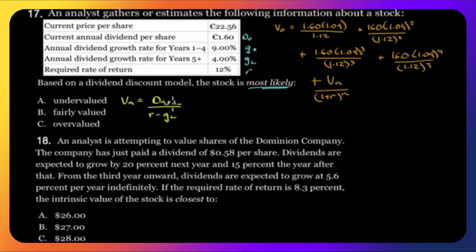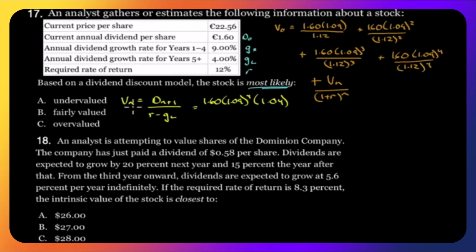We need our dividend 1 period out. All right, well, it is the dividend last year, whatever this dividend was, carried 1 more year. So it'll be 1.60 times 1.09 to the power of 4, and carried 1 more year, 1.04, because that is the growth rate after the explicit forecast period. So this will get us to the end of 4 years. This will get us to the end of the 5th year.